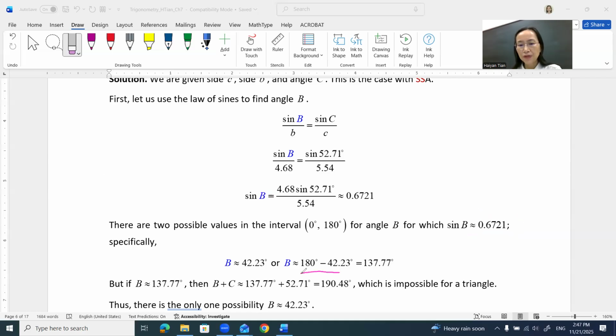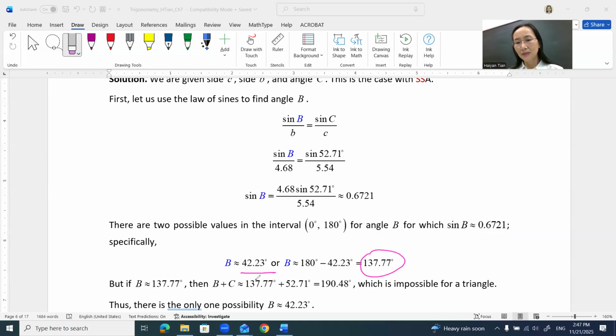Then the other possibility for capital B is 180 minus 42.23 degrees, which is 137.77 degrees.